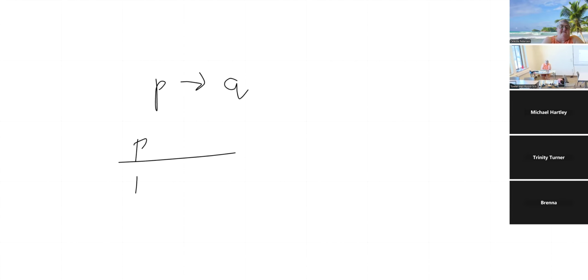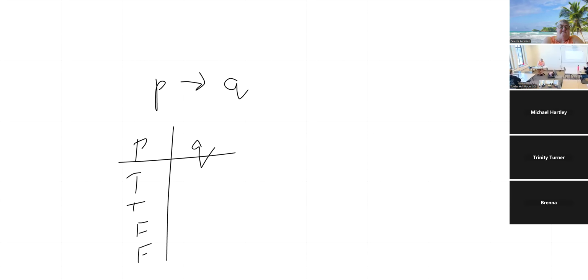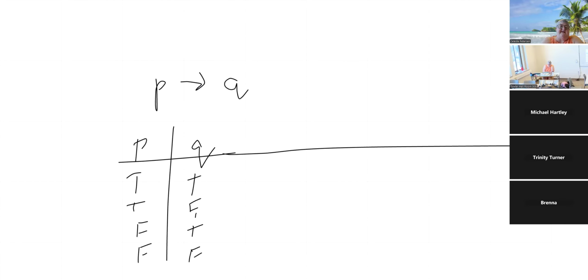False, Q is false, false. So P then Q, we're saying if the first thing happens, then the second thing has to happen for that to be true.